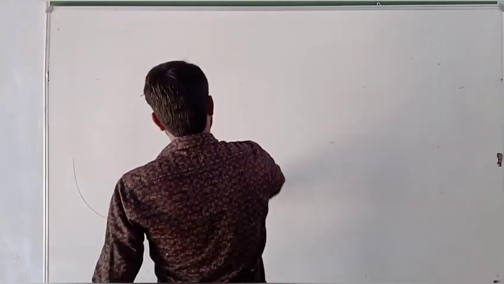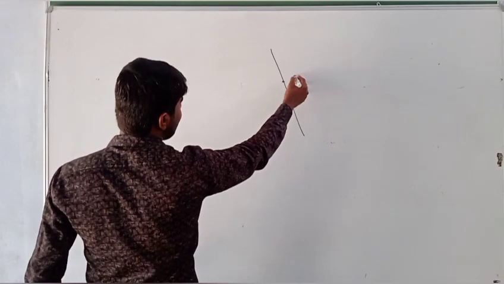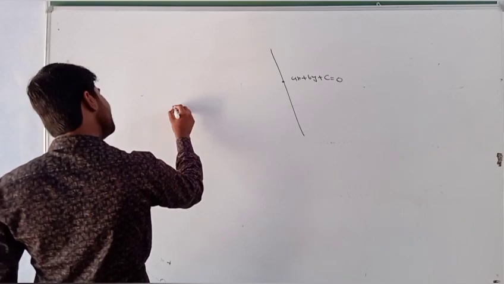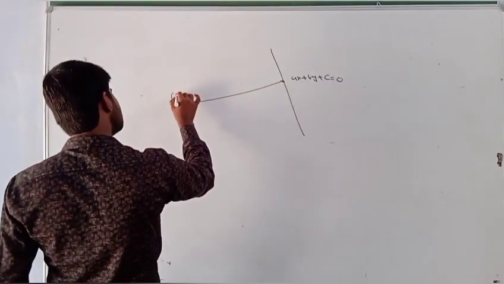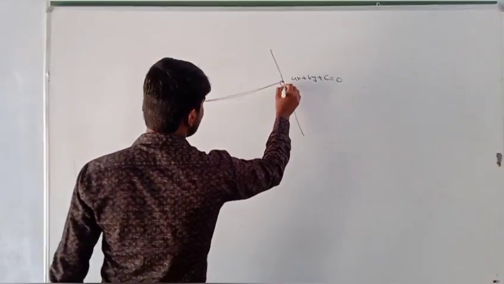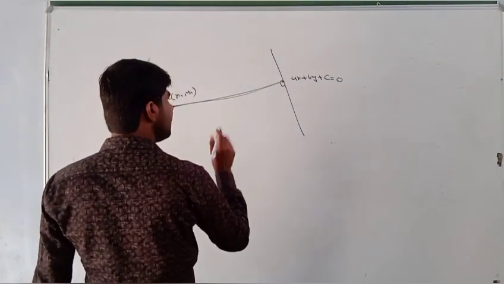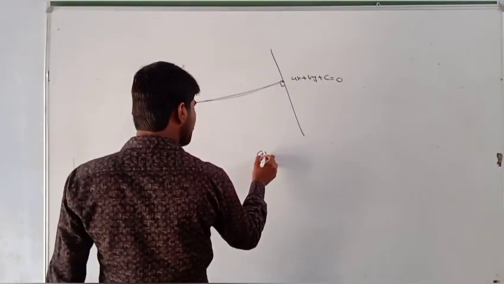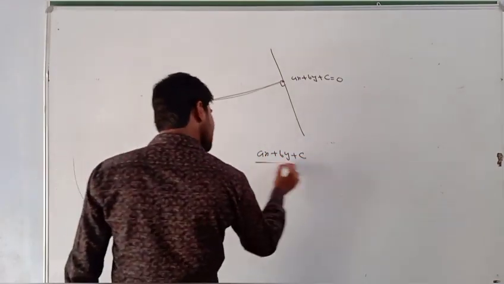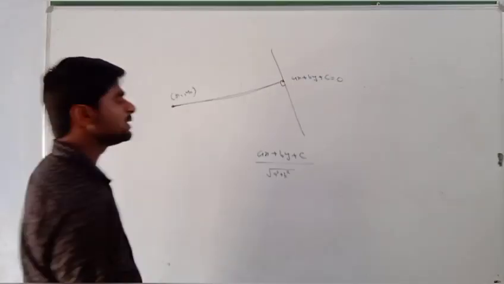Now, distance of a line ax plus by plus c equals 0 from a given point. So this perpendicular, we need to find the length of this. So the answer will be, the trick is to put your equation as 0 by transferring all the elements and divide by under root of a square plus b square.